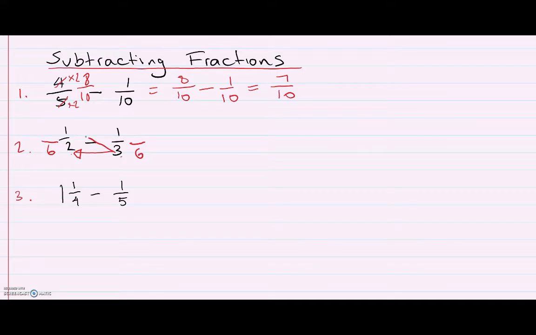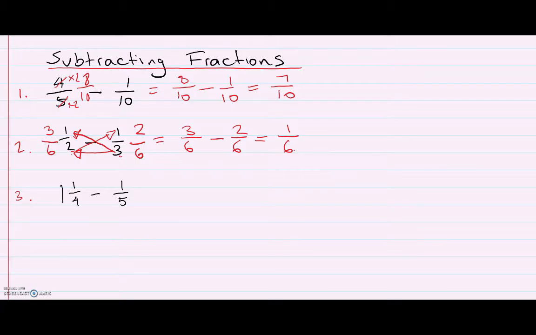So I have to multiply the top number by 3 to get an equivalent fraction. When I multiplied my 2 by my 3 to get 6, I've also got to multiply the 1 by 2 as well, giving me 2/6. This means that a half minus a third is going to give me the same answer as 3/6 take away 2/6, which is just 1/6.